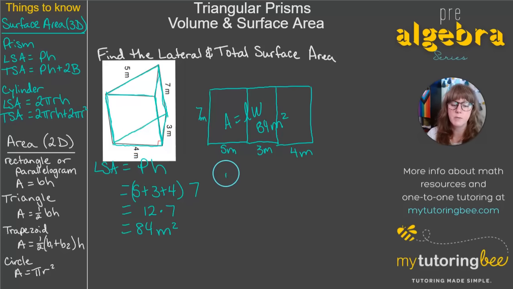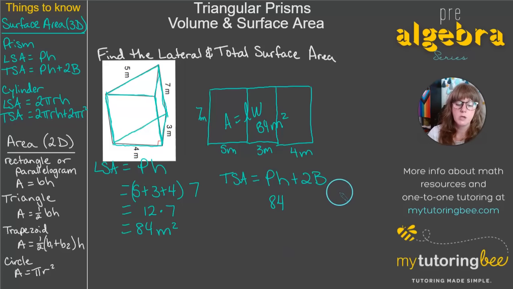Okay, now let's talk about total surface area. Our total surface area formula is pH plus 2B. That pH is the same as what we just found, the perimeter times the height. So we already know that that part is 84 meters. Now, where does this 2B come from? 2B comes from the bases, the area of those triangular bases, right?